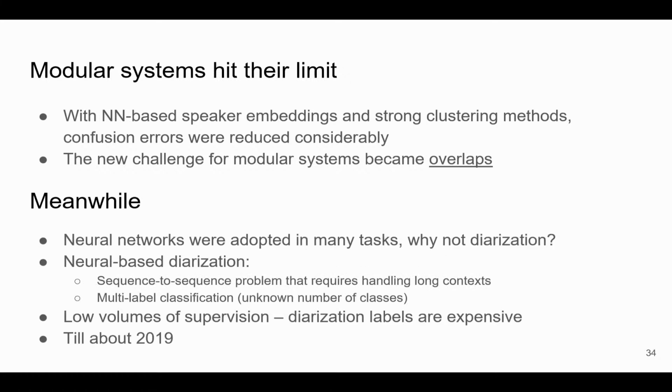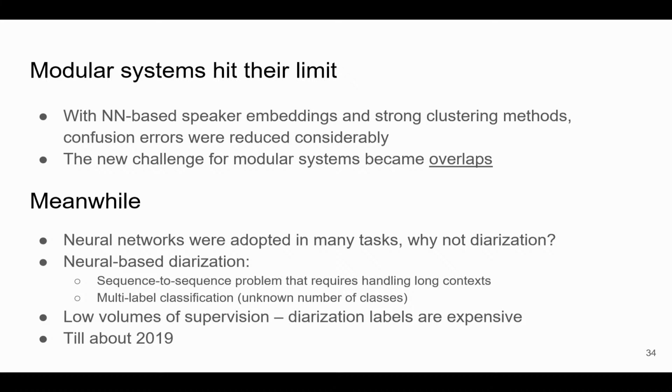In the meantime, we saw that even voice activity detection and speaker embeddings are based on neural networks. This is just to name the ones related to this task, but in everything that is machine learning, in 2015, neural networks were there. Why not in diarization back in 2015, let's say?